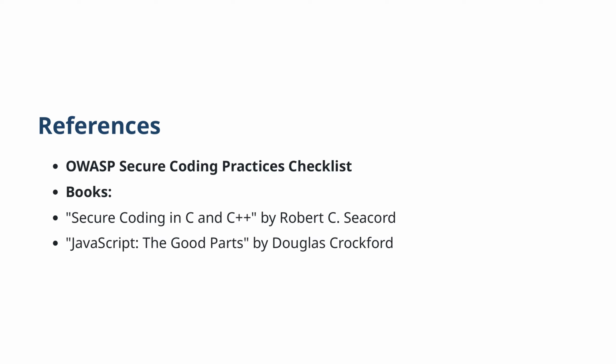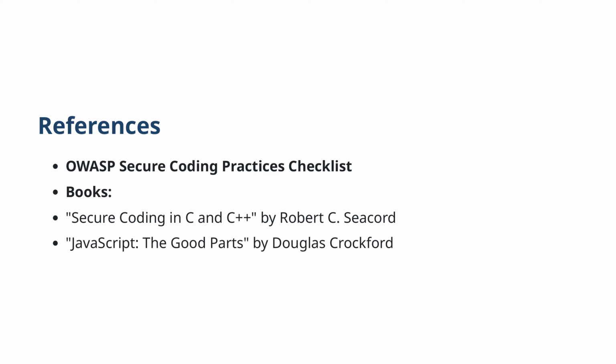Now that we've covered the key points about secure coding practices, here are some valuable references that can further enhance your knowledge. Firstly, I highly recommend the OWASP Secure Coding Practices Checklist. This checklist is a comprehensive resource that outlines essential secure coding practices to help you reduce vulnerabilities in your software. For those looking to deepen their understanding, especially in specific programming languages, there are two excellent books.